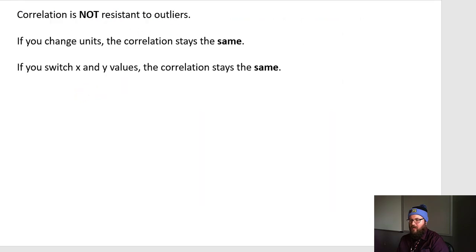Alright, so now we're going to talk about what affects correlation and what doesn't affect it. So correlation is not resistant to outliers. Outliers do affect the correlation. So with that, let's look at a little scatter plot here. Let's say you have some data points, and then you got one possible outlier way out there.